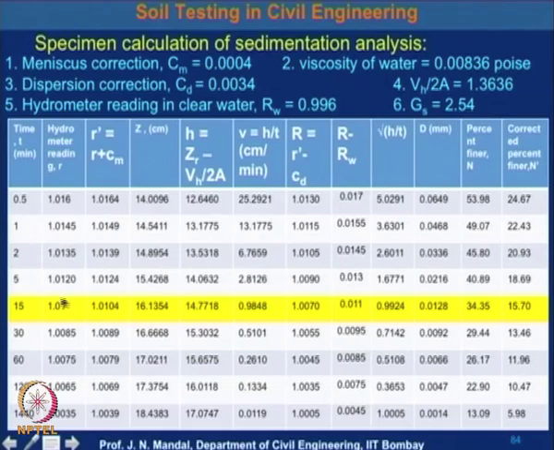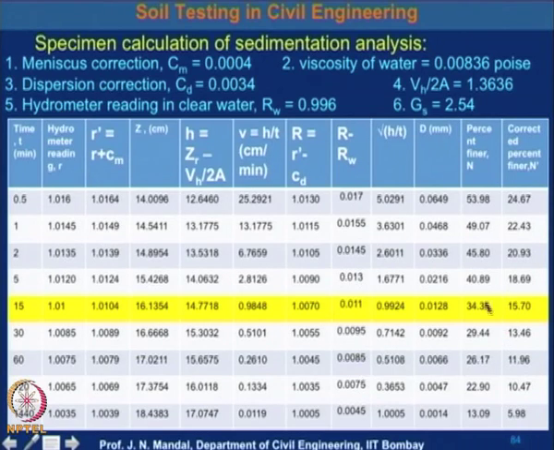So, you can calculate the hydrometer reading, then how to do the meniscus correction, then you can calculate the effective depth, then you can calculate H by t, the root of H by t, R, then R minus Rw, then this diameter, the percentage final and the corrected percentage.